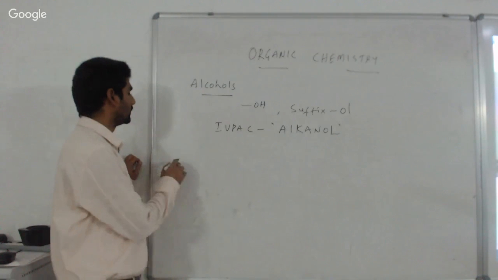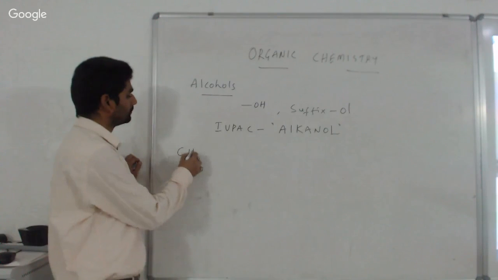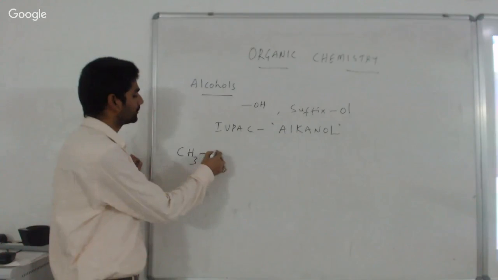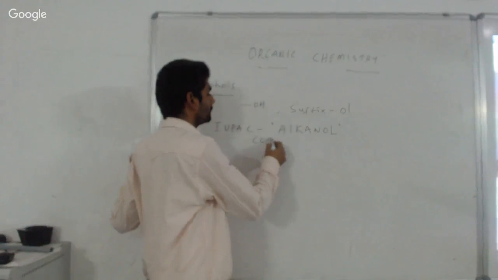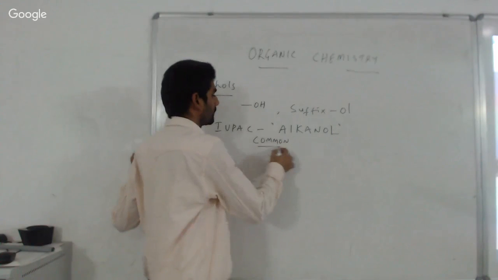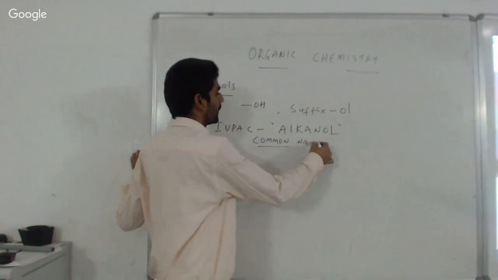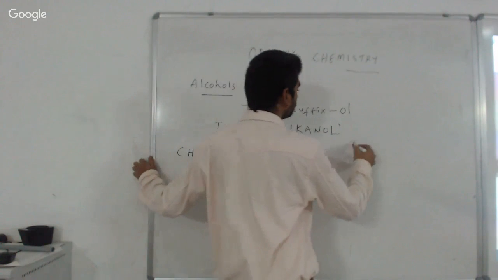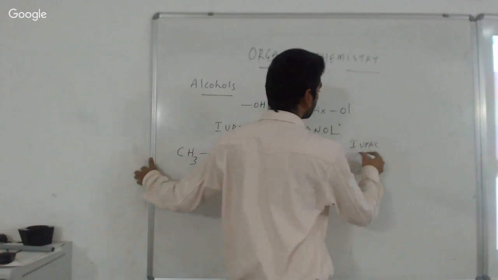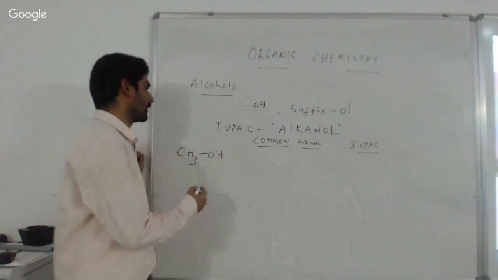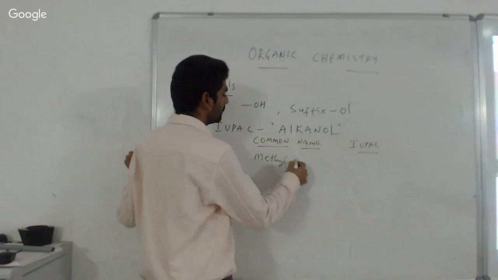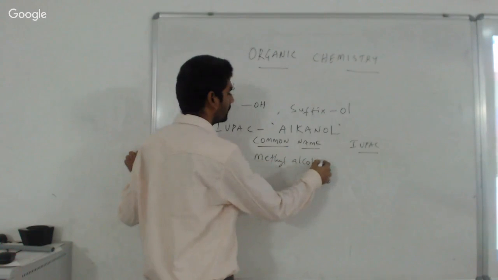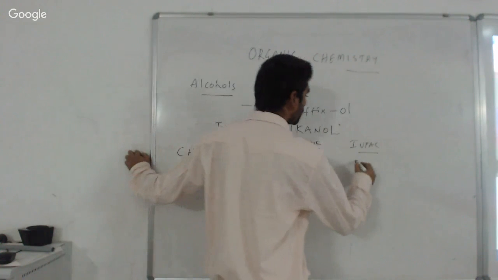Let's see first. The simplest alcohol is CH3OH. Its common name is methyl alcohol; IUPAC is methanol.